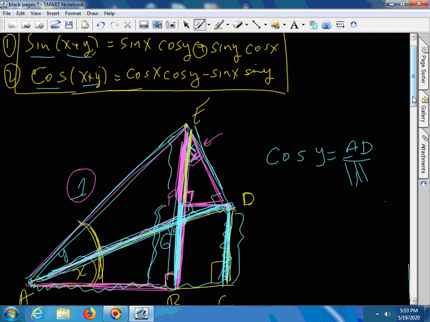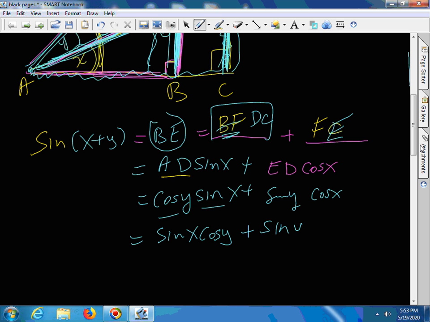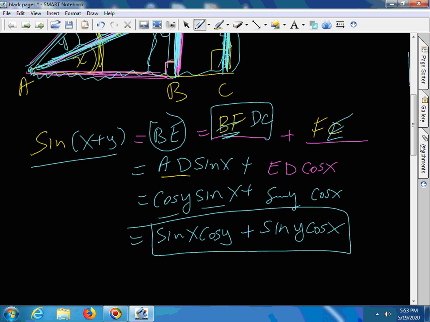ED is right up here. You know what? The sine of y, the sine of this angle, is the opposite ED or DE over 1. That is, the sine of y is ED. And just permuting multiplication, I now have that sine of x plus y is equal to that.